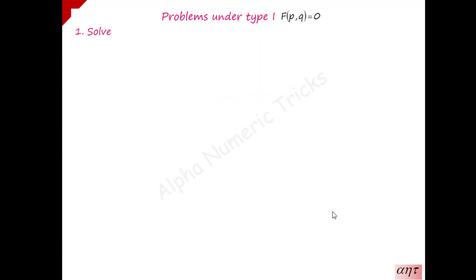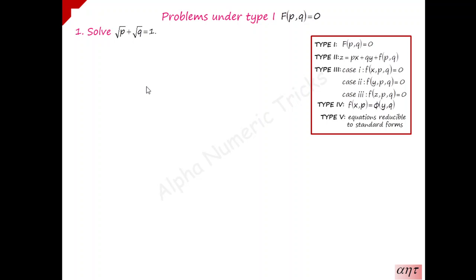First problem is solve root p plus root q is equal to 1. So after seeing a problem, you have to identify the type of the problem. We have seen four types of problems already. These are the standard types of problems available in first order nonlinear PDE.